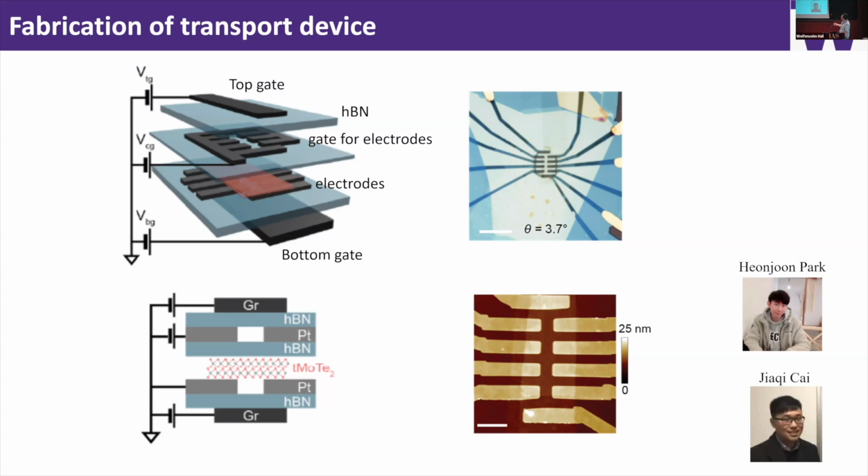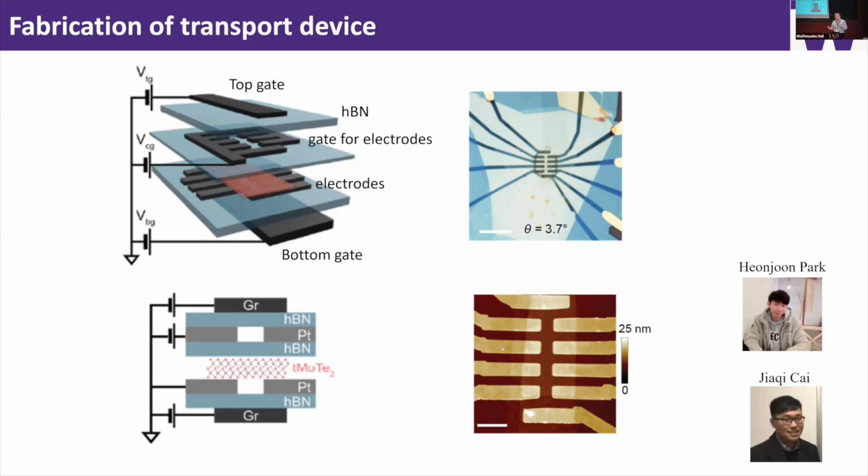Then we have a top gate and a bottom gate, and these black regions attached to the twisted MoTe2 are electrodes. So what we do is, for each electrode contact, we pattern a gate on top of it. So you can think of it as a local gate. Then once we turn on this local gate for each electrode contact, we can get a reasonable contact resistance.